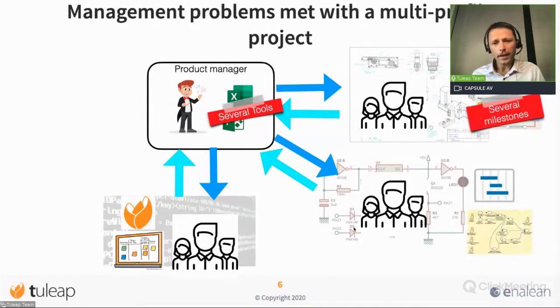In another way, each team is autonomous. They have their own data, their own product, and their own milestones. So sometimes you could have several milestones, and the more milestones you have, the more difficult it is to synchronize all your teams. And the last one, this is a not real-time data exchange. This is a big problem for your traceability.